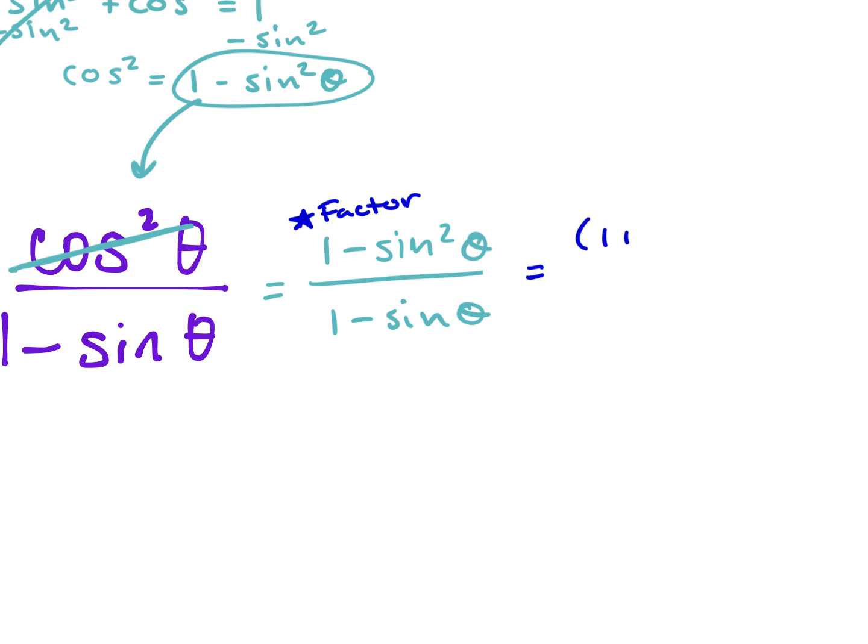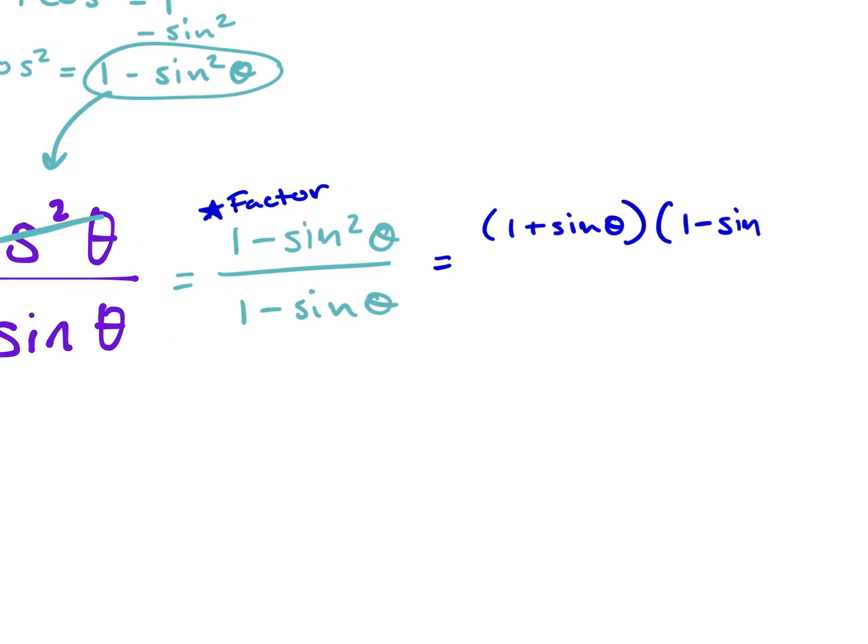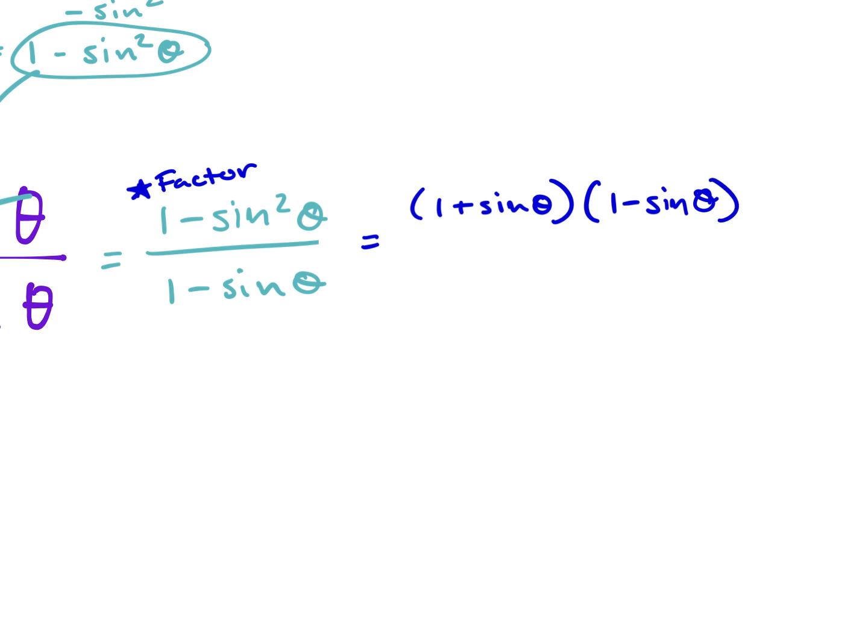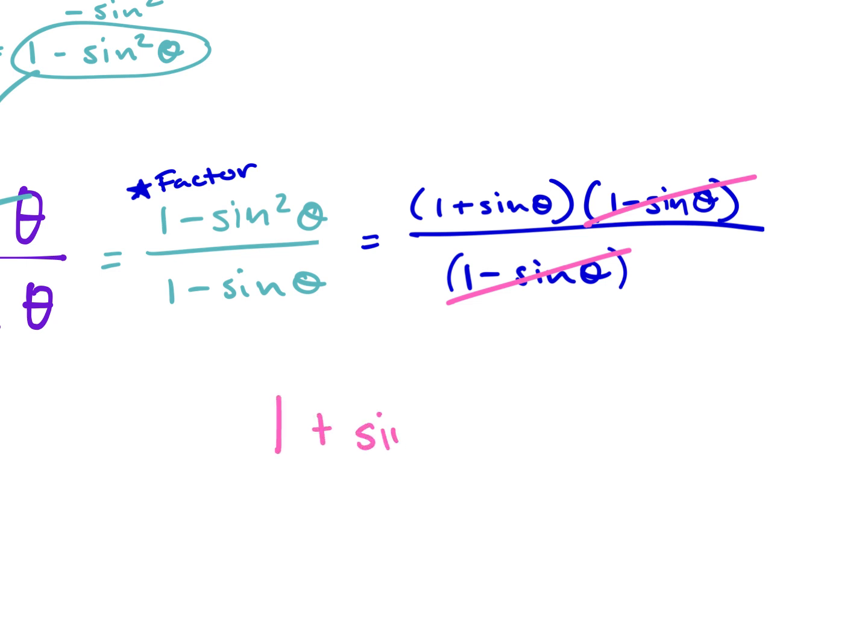Awesome. 1 plus sine times 1 minus sine. We can factor it to simplify, over 1 minus sine. Does anything cancel? The 1 minus sine cancels because it's being multiplied on the top. We can cancel it out with the 1 minus sine on the bottom. So here, our final answer would be 1 plus sine.